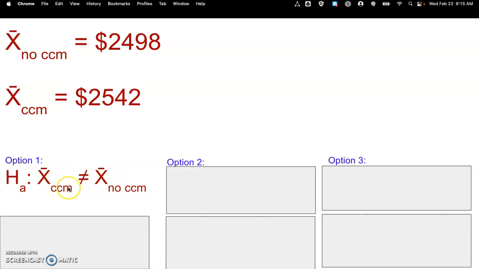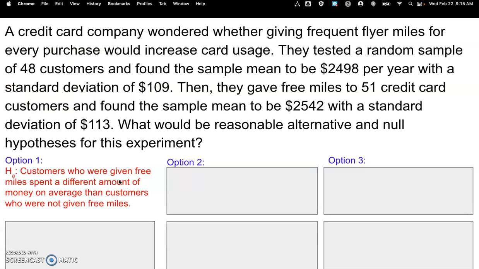So not only are these means not the same, which is obvious, but the difference in these means can't be explained by randomness in the sample. Okay, so customers who were given free miles spent a different amount of money on average than customers who were not given free miles, right? And it's not our sampling that's causing this difference.